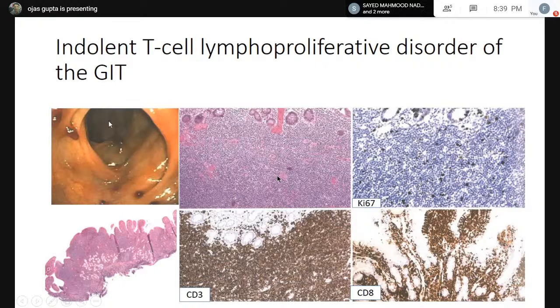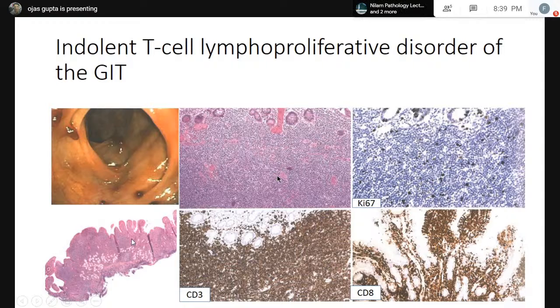So this is an endoscopic picture of indolent T-cell lymphoproliferative disorder of the GIT. This endoscopy is from the colon, showing a small polypoidal lesion which is hyperemic. This is the duodenal biopsy, showing an infiltrate that fills the lamina propria and focally extends beyond the muscularis mucosa.